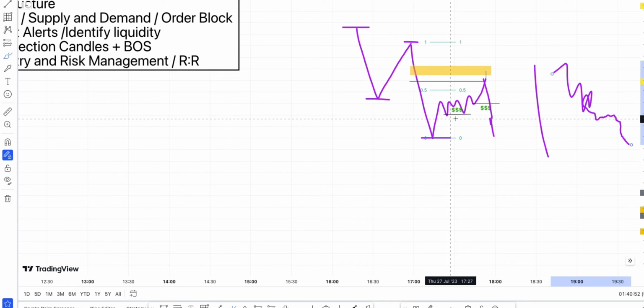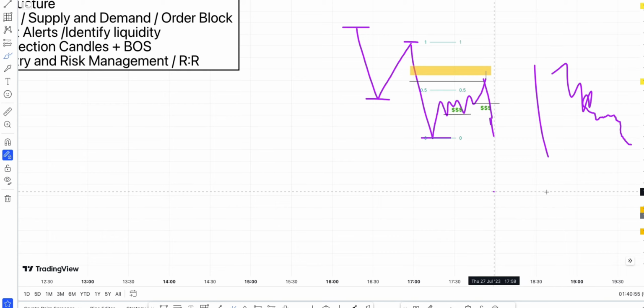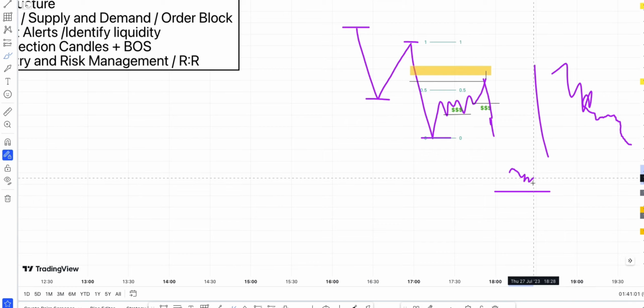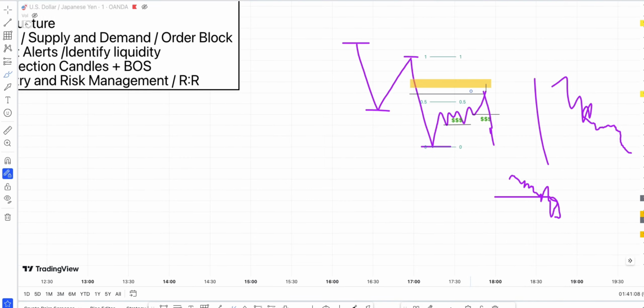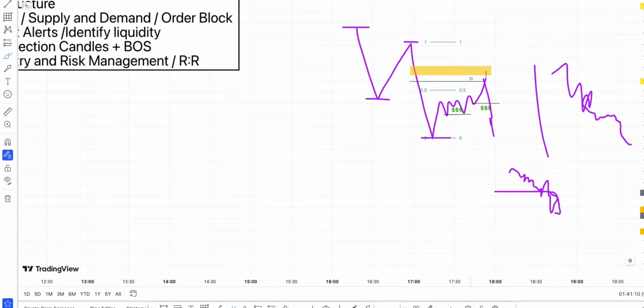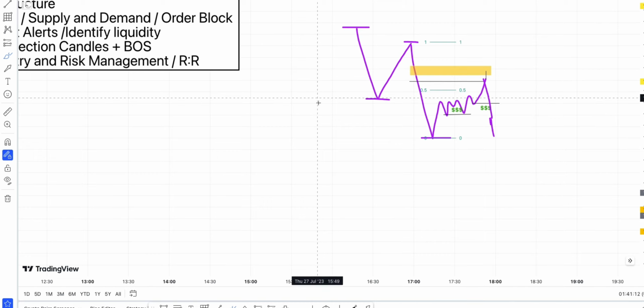You want aggressive price action to break your structure. You don't want, let's say this is your piece of structure, this horizontal line, you don't want price to go like this and do all that. You want a firm, aggressive price action downwards. And basically, after we do that, now we do our risk to reward.